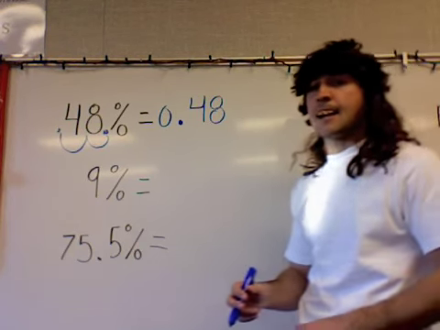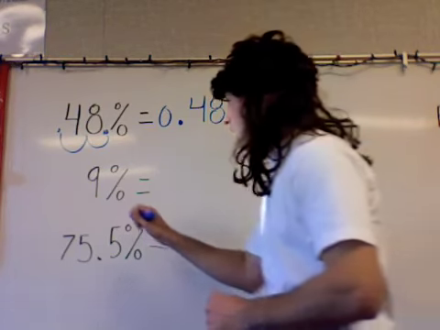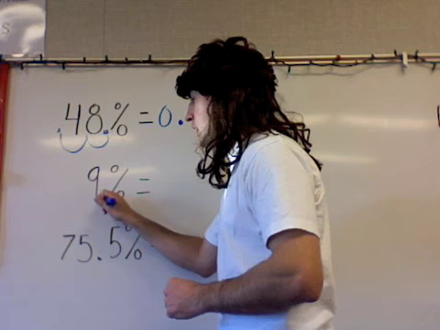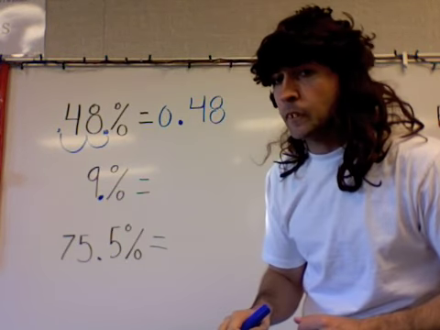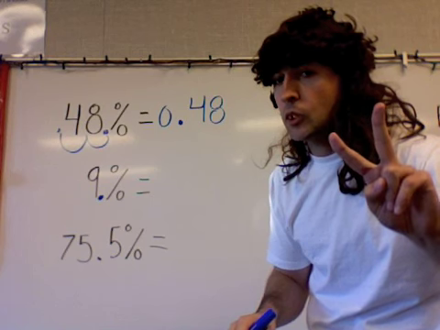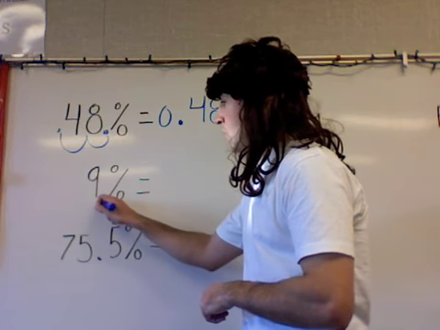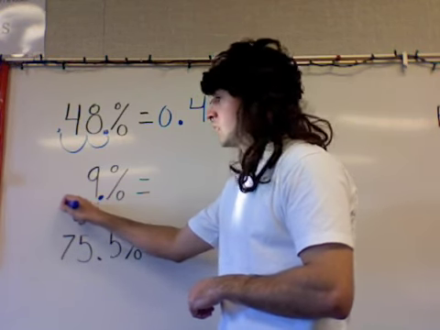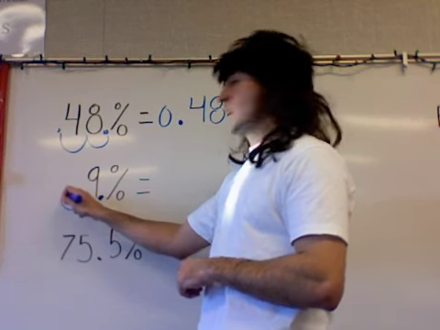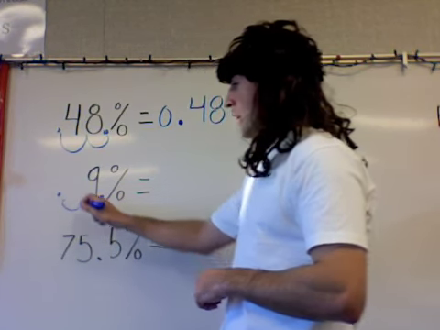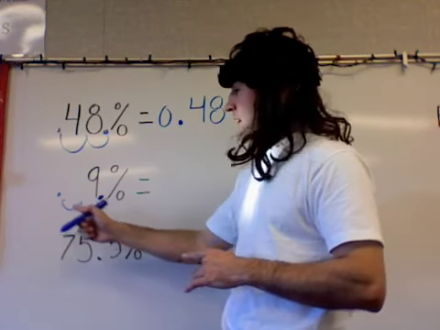Let's look at this 9% now. Remember, rule number 1. I put me a decimal. Next rule, I move 2 spaces to the left. 1 and 2. So I put my decimal right there. Now, I know what y'all thinking. Y'all thinking, hey, that kind of looks like a butt.